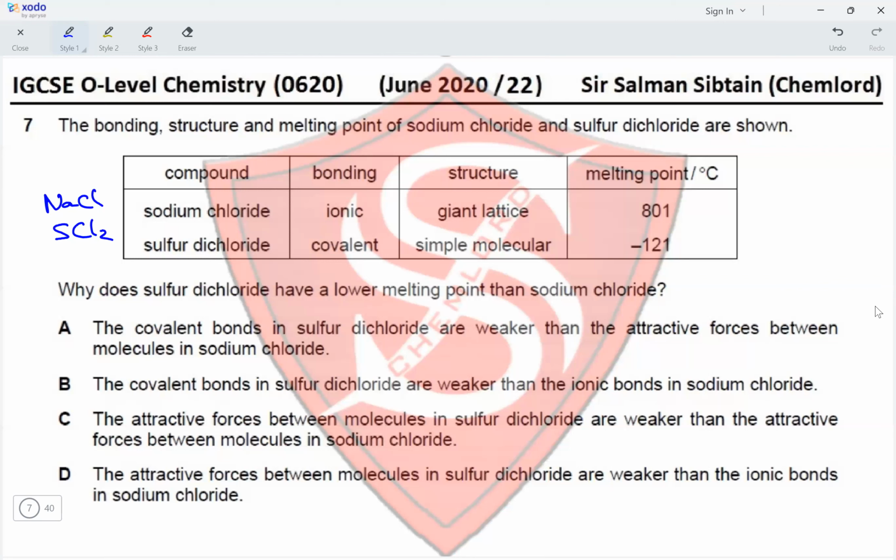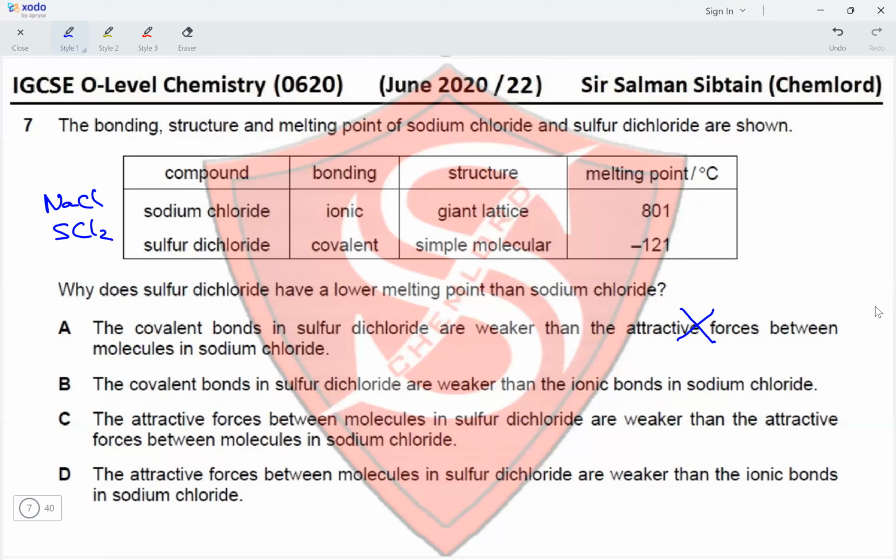Option A: the covalent bonds in sulfur dichloride are weaker than the attractive forces between molecules in sodium chloride. For sodium chloride, it should be ionic bonds, not attractive forces. Attractive forces exist between covalent molecules. NaCl is ionic, so attractive forces makes this option incorrect.